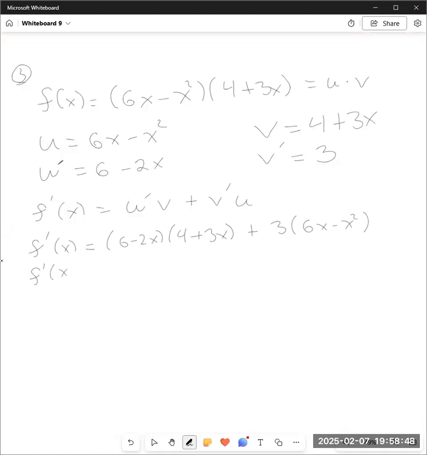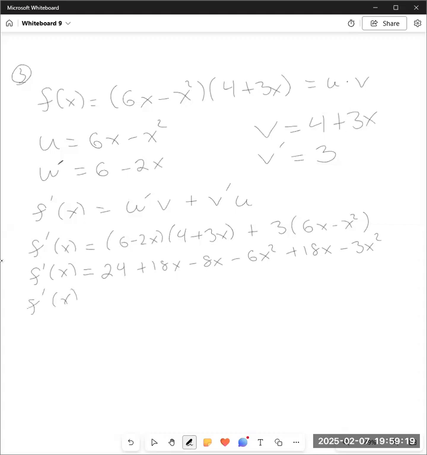F prime of x is equal to 6 times 4 is 24, 6 times 3x is 18x, negative 2x times 4 is a negative 8x, negative 2x times 3x is minus 6x squared. 3 times 6x is 18x, and 3 times negative x squared is a negative 3x squared.